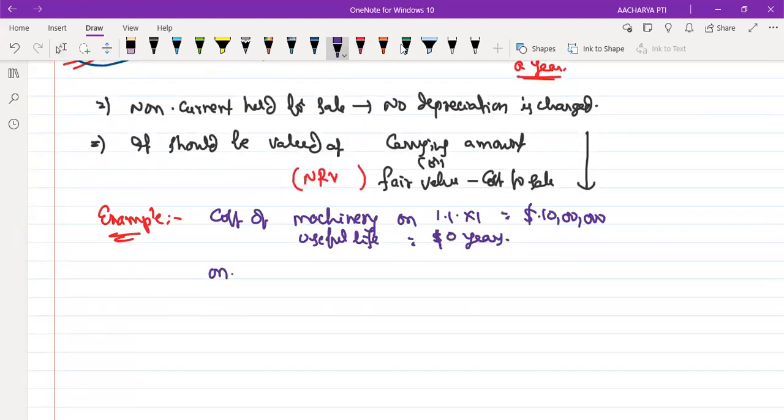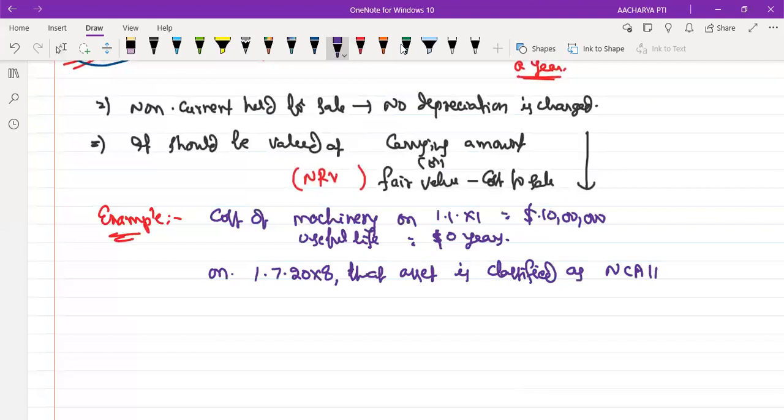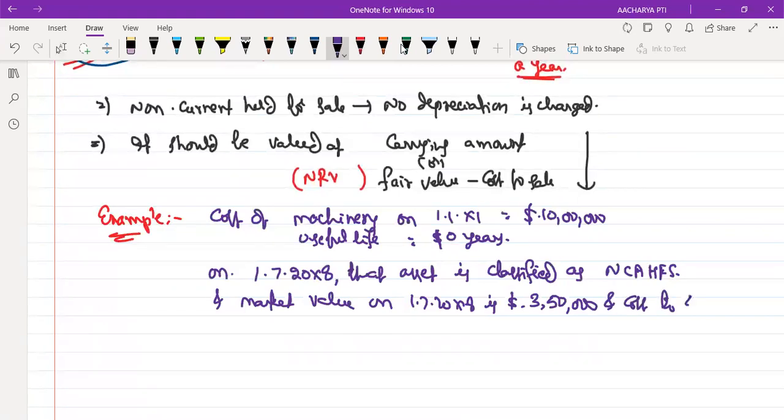On 1st July 20X8, that asset is classified as non-current asset held for sale, and the market value on 1/7/20X8 is 3,50,000, and the cost to sell the respective asset is 70,000.